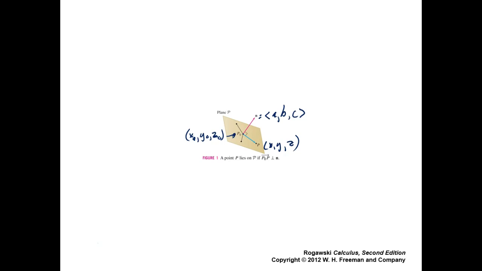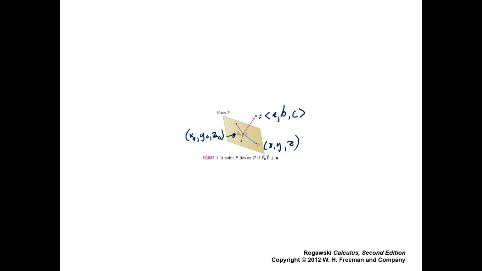The definition of a normal vector is a vector that's perpendicular or orthogonal to every vector in the plane. So it's perpendicular to the plane. That's what normal means, not normal as opposed to abnormal. It means that it's perpendicular or orthogonal.